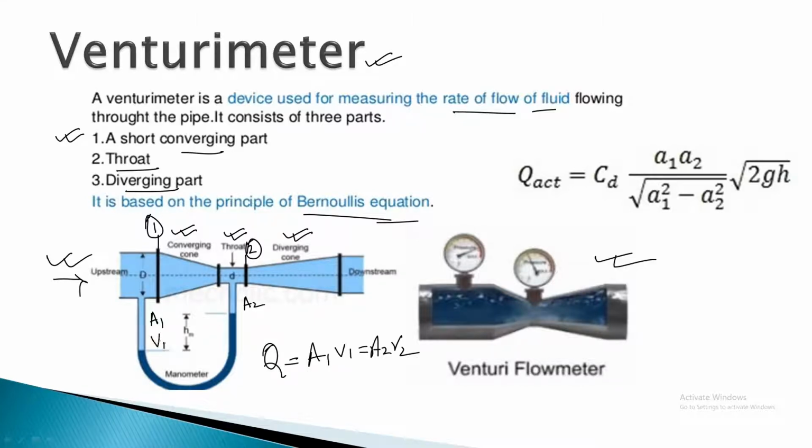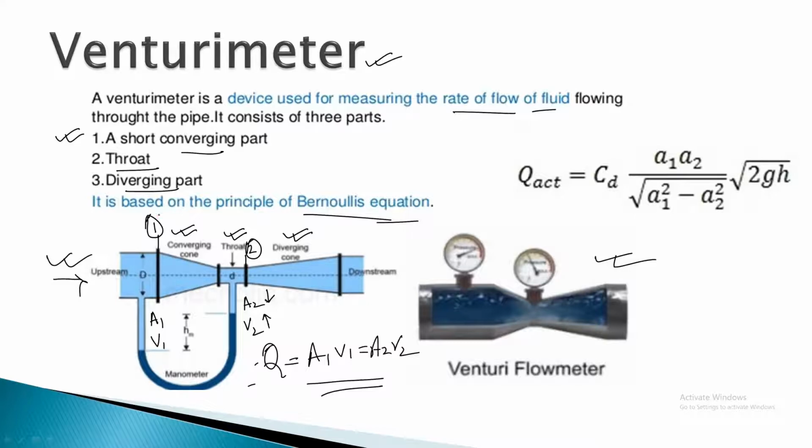If this is V1, the velocity at section 1, and this is V2, the velocity at section 2, then to follow the continuity equation, as A1 is greater than A2, the velocity will increase in section 2 as the area decreases.